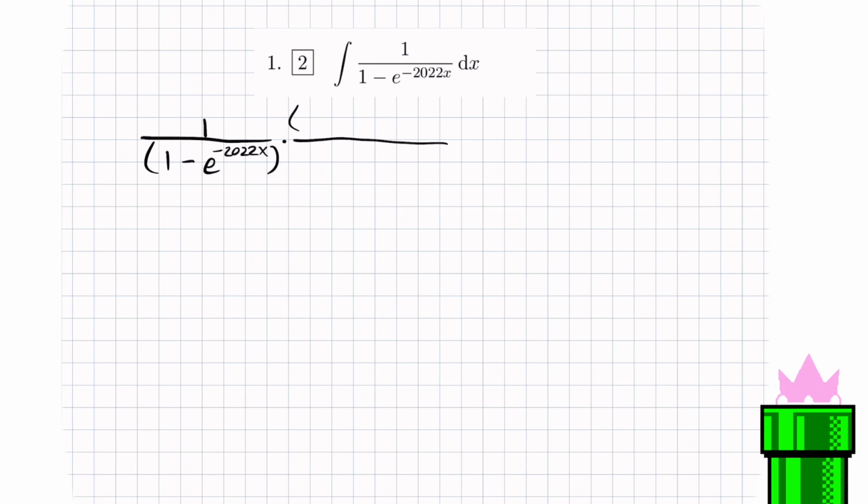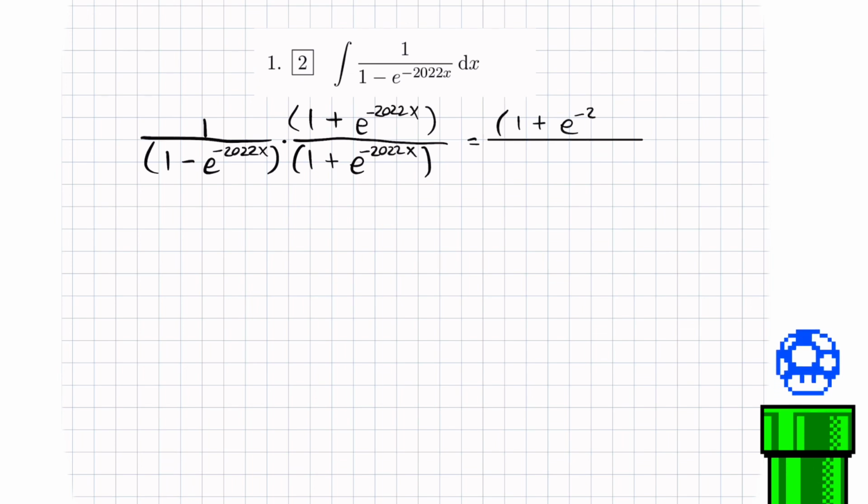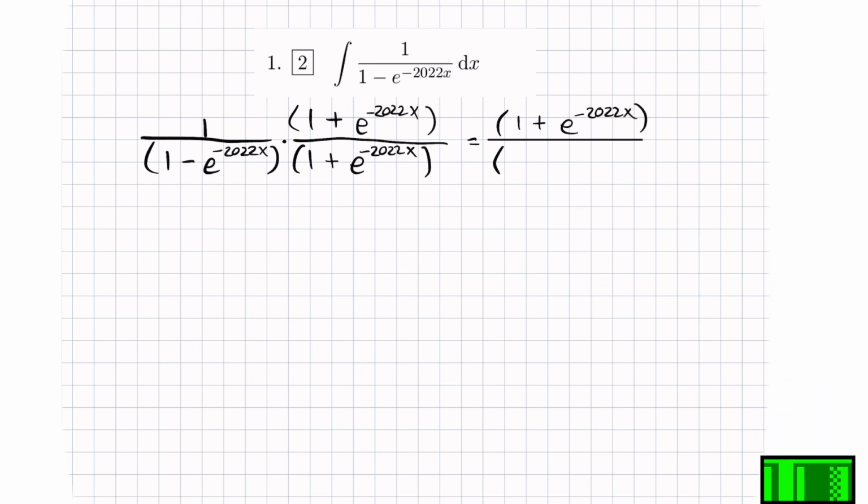We're going to begin here by multiplying the integrand by something that looks like a conjugate, 1 plus e to the negative 2022x power on top and bottom. That's going to give us a binomial on top of 1 plus e to the negative 2022x, and on the bottom, 1 minus e to the negative 4044x.